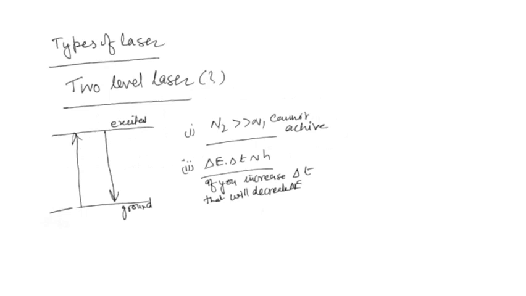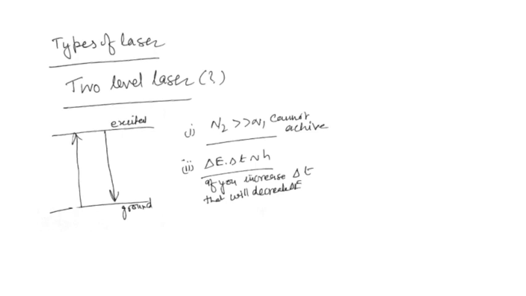On the basis of energy levels, you can think about three types of laser: two level laser, three level laser, four level laser. In a practical sense, a two level laser never exists. In a two level laser, lasing action takes place between two levels, one higher level and one lower level.